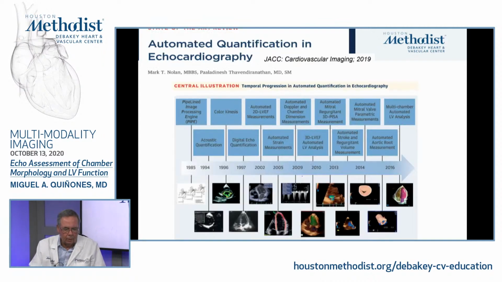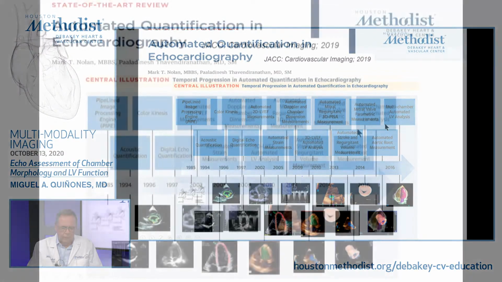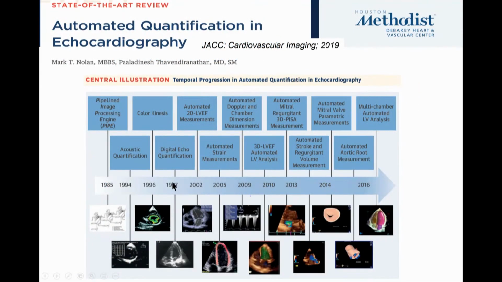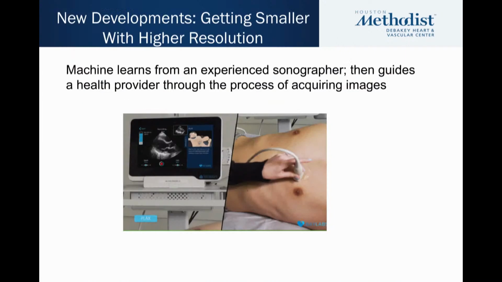This is a review paper by Nolan, showing very nicely all the areas where automated quantification is coming around in echocardiography, not just volumes and EF, but left atrial volumes, right atrial volumes, left ventricular mass, Doppler findings, automated assessment of stroke volume by color Doppler, aortic root measurements. So a lot of quantification that is becoming automatic because of machine learning and artificial intelligence.